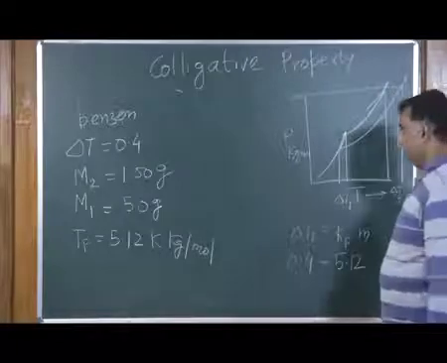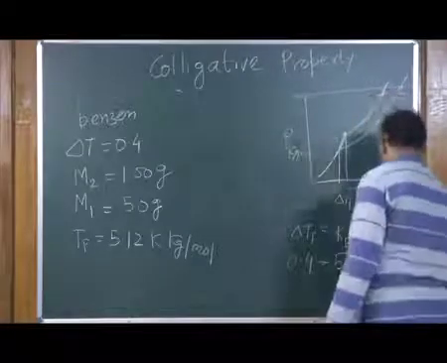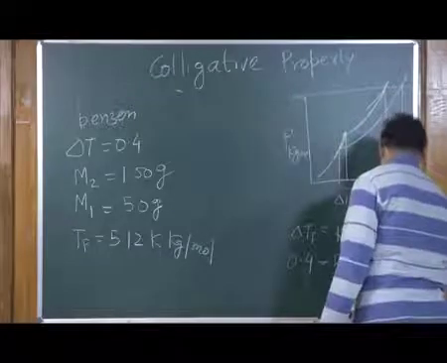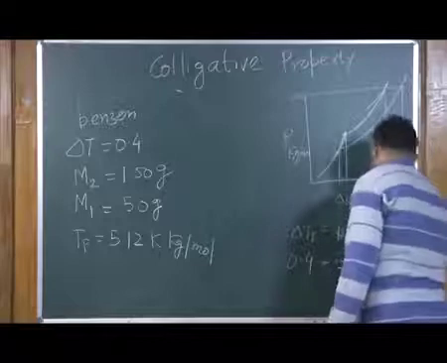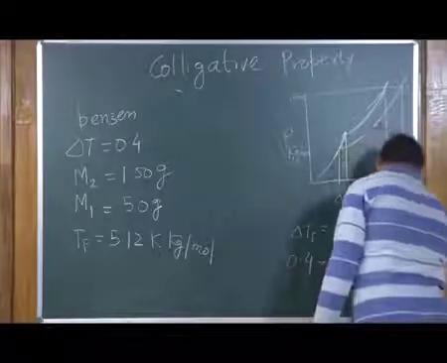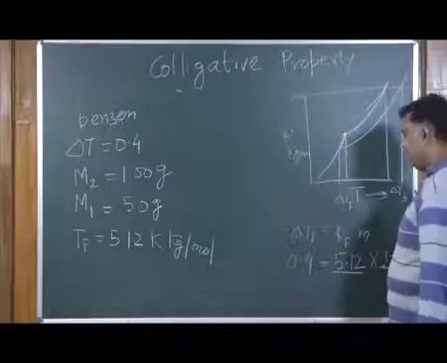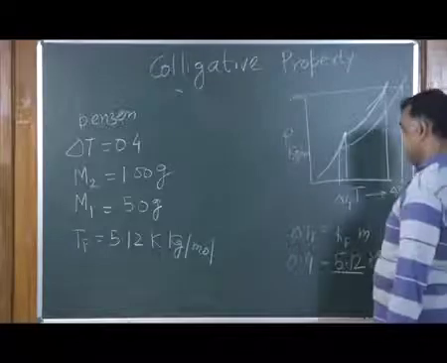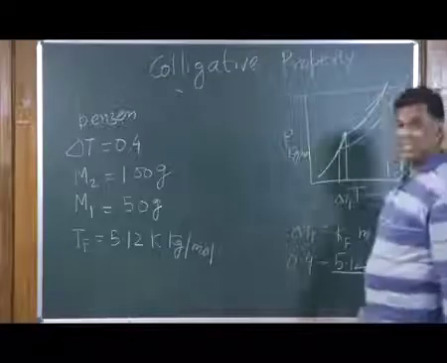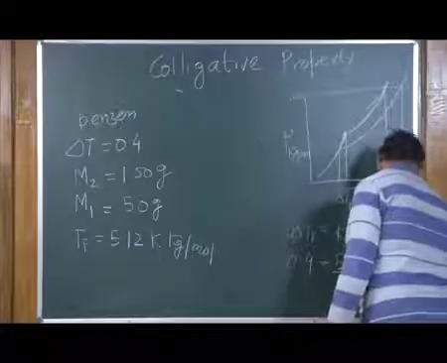But molality is again moles of solute, which is 1 gram of solute divided by molecular weight of solute, divided by weight of solvent in kg. So, this would be 0.05.